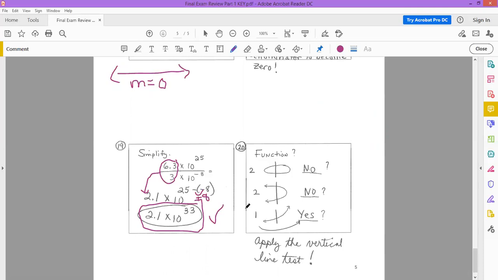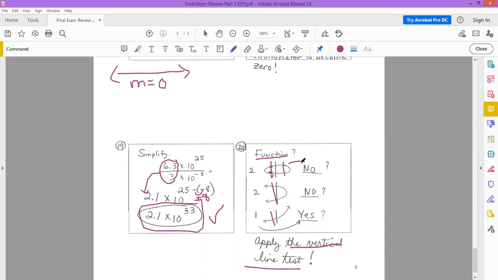Now number 20, and this is the last problem from section 1. Which of these graphs represent a function? To determine if a graph is a function, remember you're going to perform the vertical line test. And that means just draw vertical lines through the graph. And you want to make sure that your vertical line touches the graph at only one spot. See how this line touches the graph at 2 places.